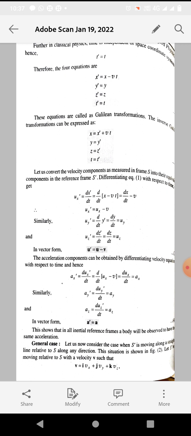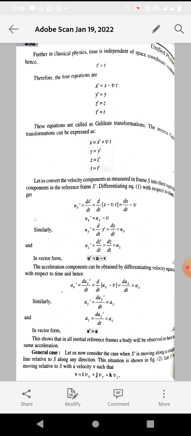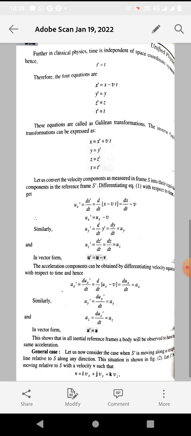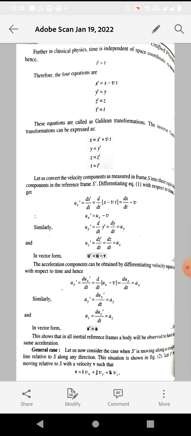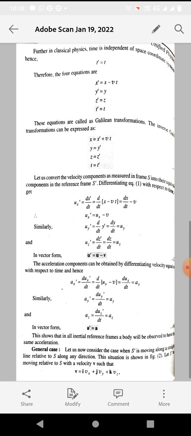That is time dilation, meaning time is increasing, while the length of the rod is decreasing. So according to Lorentz, relativity occurs in length as well as time. These topics will be discussed later.